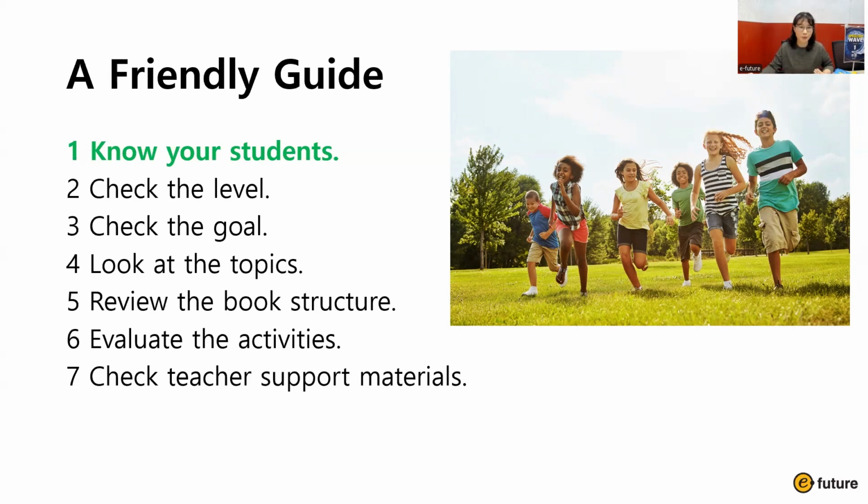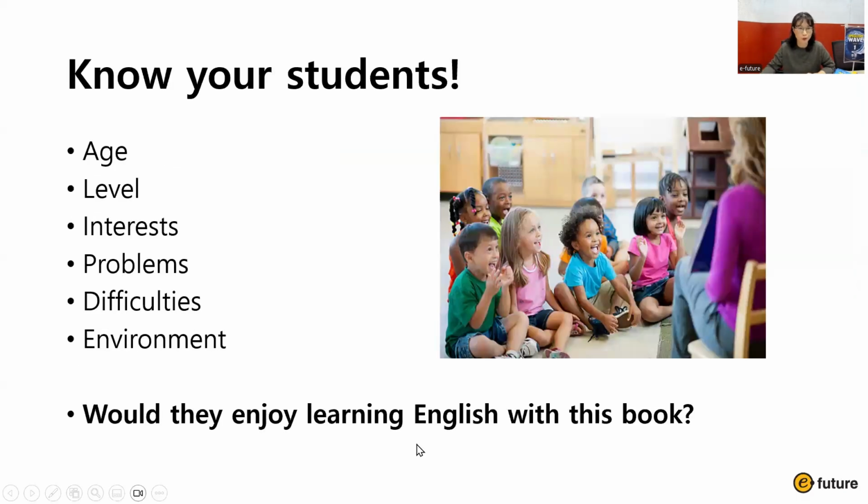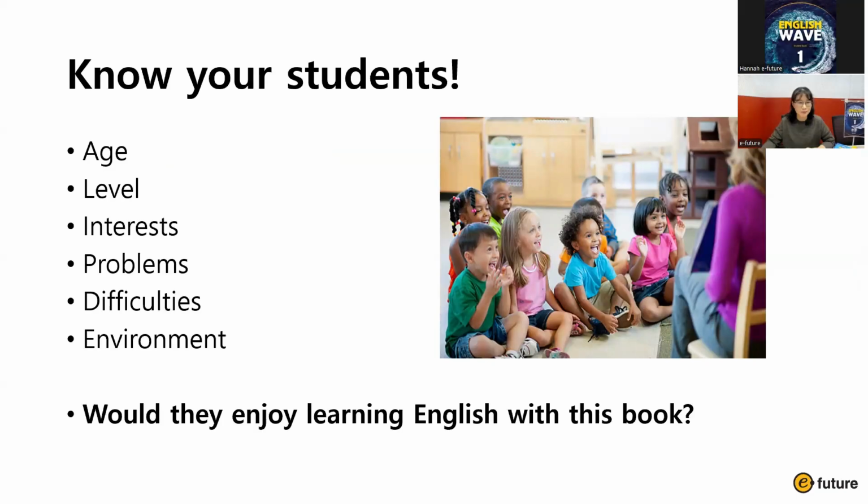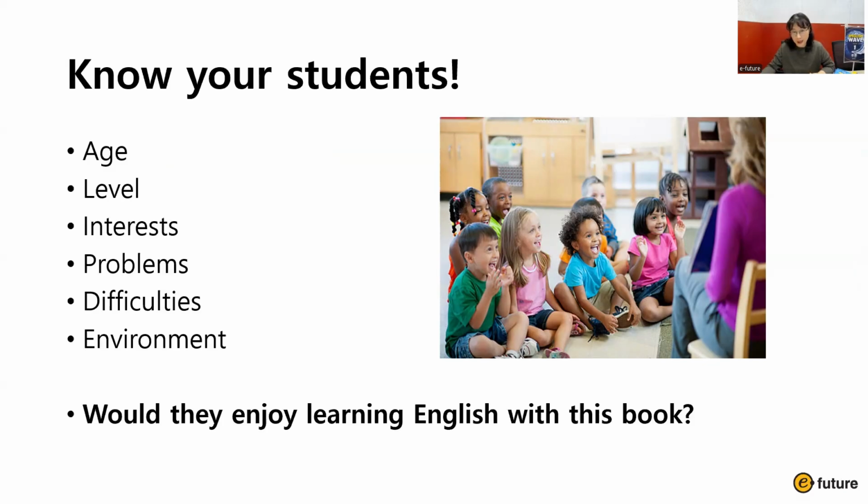So let's look at number 1. I have 7 things on my list. The first one is probably the most important one: know your students. You need to know their age, level, interests, the problems or difficulties they face, and their environment.